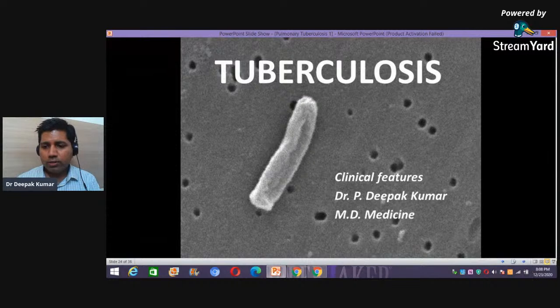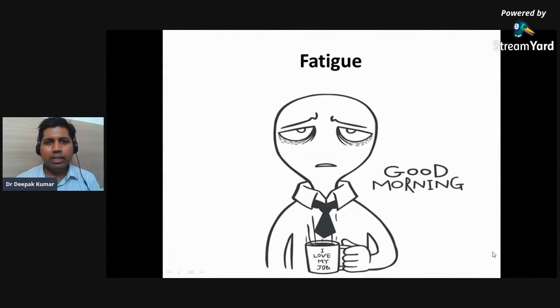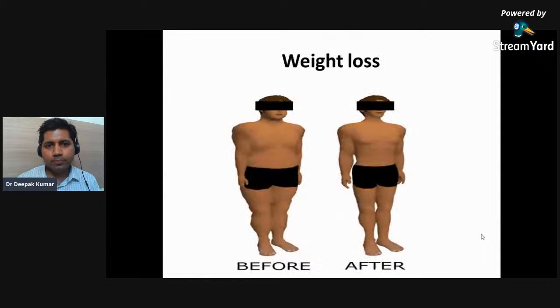So, tuberculosis clinical features. Let's just get familiar with a few slides. As I said, the intention is only to support you in having the clinical features added to your memory. First is fatigue, which could be the only symptom of a patient with tuberculosis, especially in the early period.